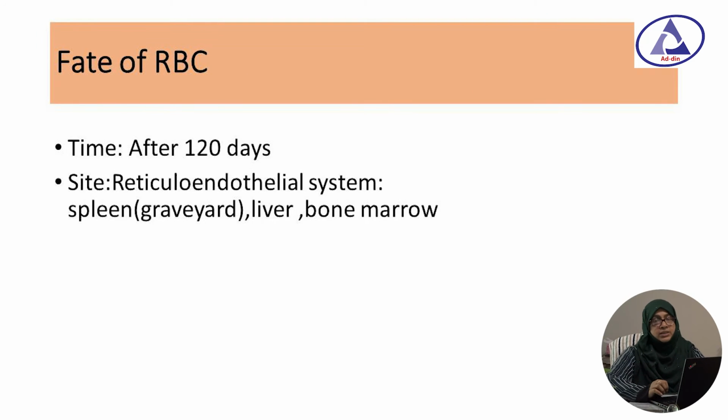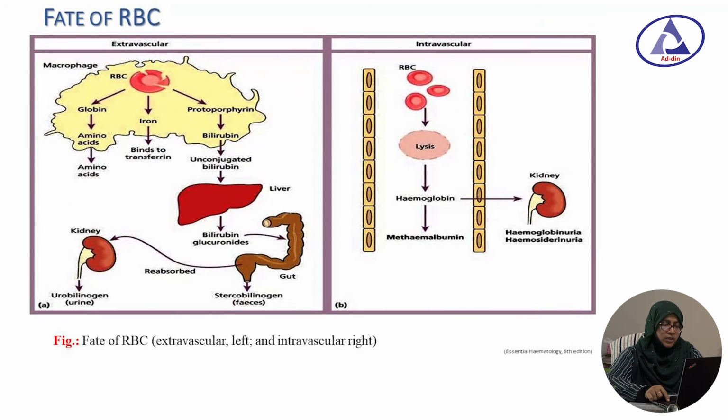So I will now discuss the fate of RBC. You know, the life expectancy of RBC is about 120 days. After that RBC enters the reticuloendothelial system, that is the spleen, the graveyard of RBC, and others are liver and bone marrow. You can see this figure here. RBC lysis can occur extravascularly or intravascularly.